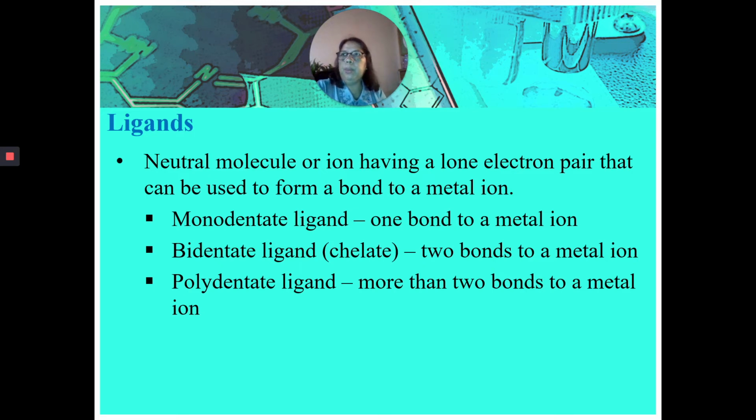So, based on your knowledge in grade school, you have the monodentate ligand, bidentate ligand, polydentate ligand. If the neutral molecule or ion with a lone pair of electrons is bonded with one, it is called monodentate ligand. One bond to a metal ion.